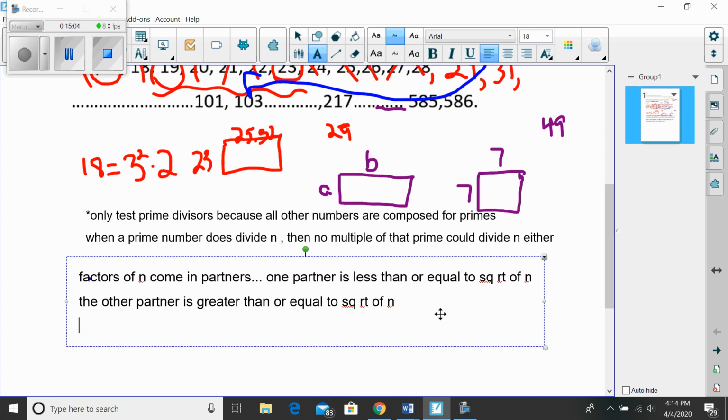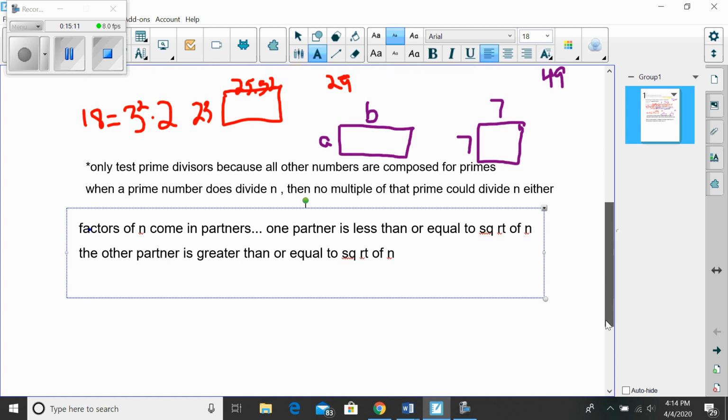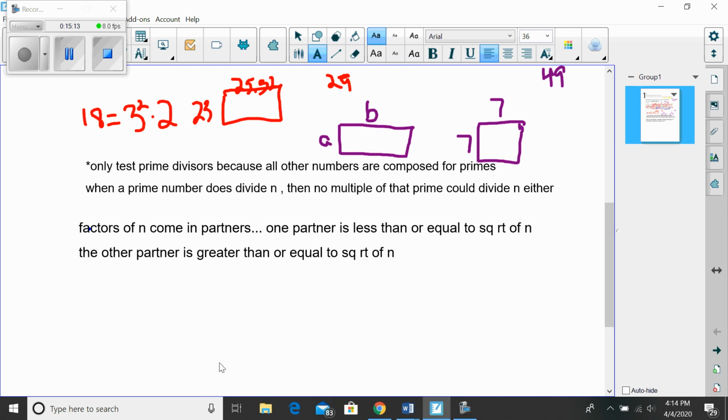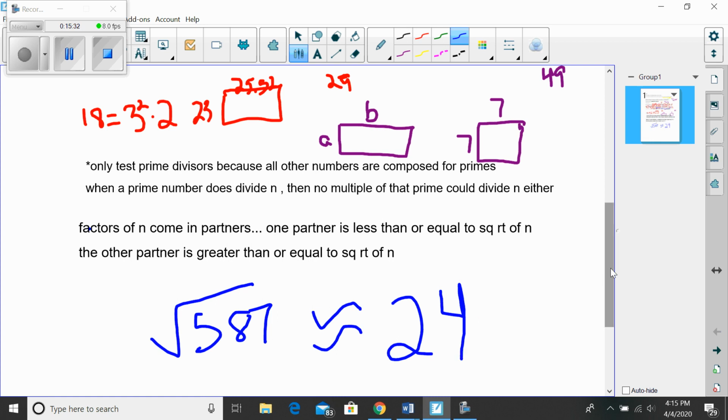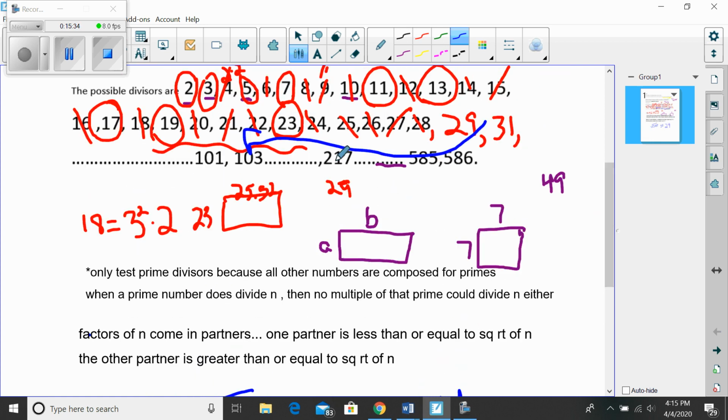Okay, so what that means for this problem then is I should take the square root of 587, which is around 24. That means I only have to test primes up to 24.